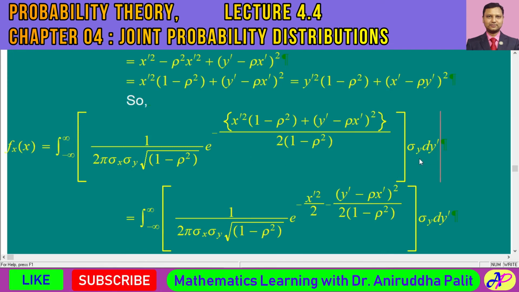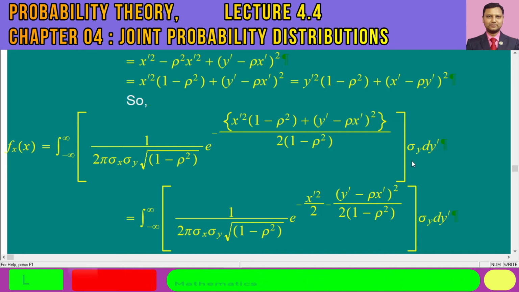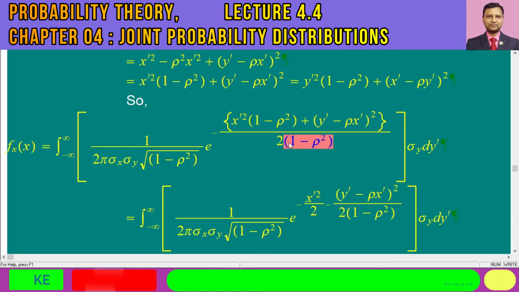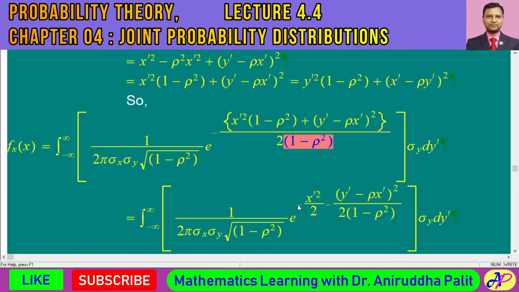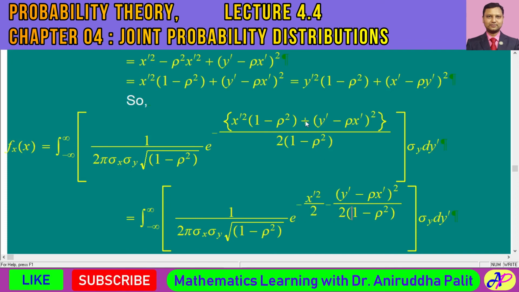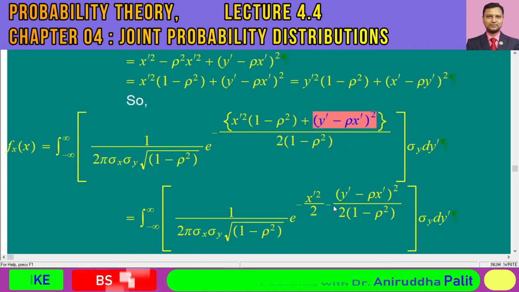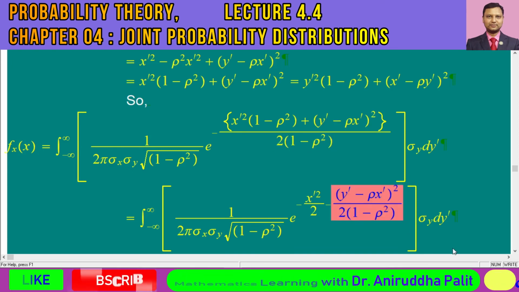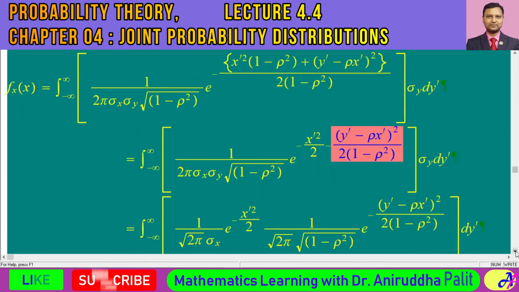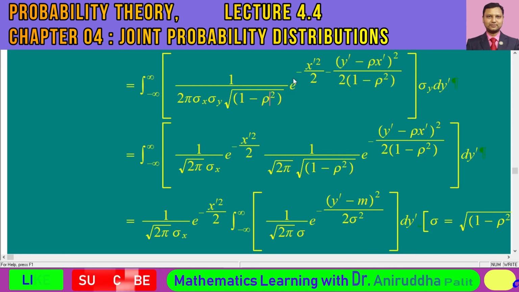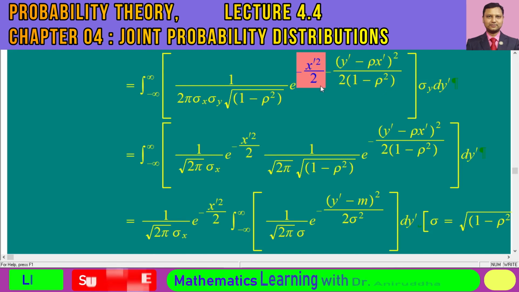And now just a simple calculation. You see over here in the exponent, 1 minus rho square and this 2 will get cancelled. So we shall have e to the power of minus x prime square by 2, minus this square divided by 2 into 1 minus rho square. We are keeping separate this exponent, e to the power of minus x prime square by 2.